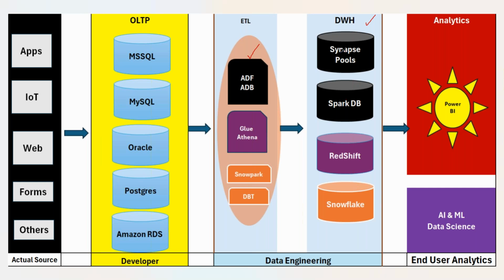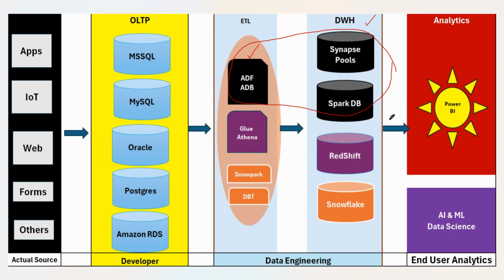Synapse is the Microsoft warehouse and Spark is the open source warehouse. We need to understand both and later integrate them carefully. So this is our actual course.